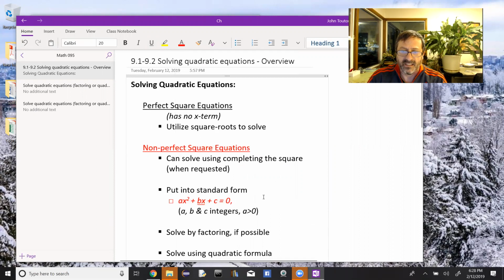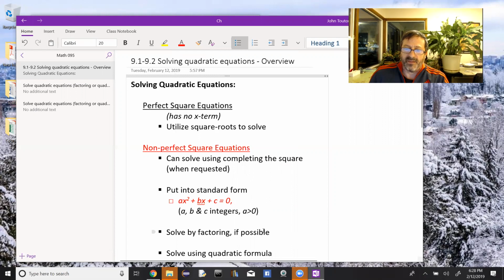And if we can multiply by some values so that a, b, and c are all integers, and that a is a positive number, that's what we call standard form. If we get it into that form, it's going to make the next steps in the process easier to do. So for one, if it's factorable, we'll be able to tell more readily once it's in standard form.